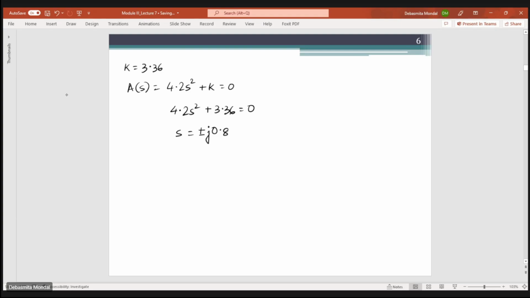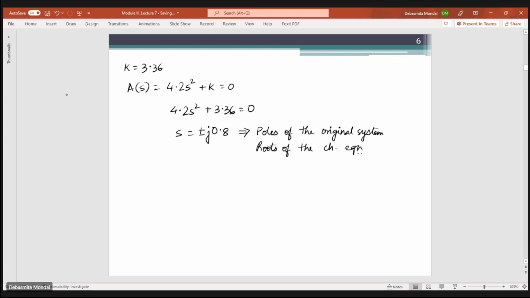So from here you see that the roots of the auxiliary equation, these are the poles of the original system, and these are the same as the roots of the characteristic equation.